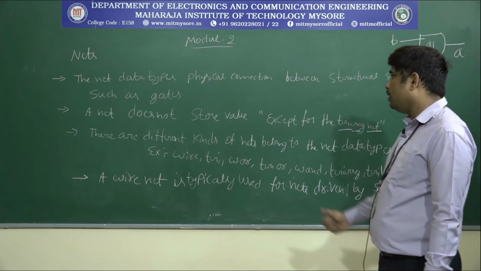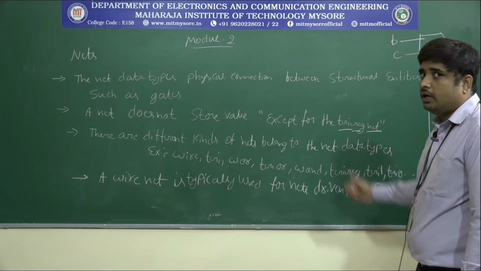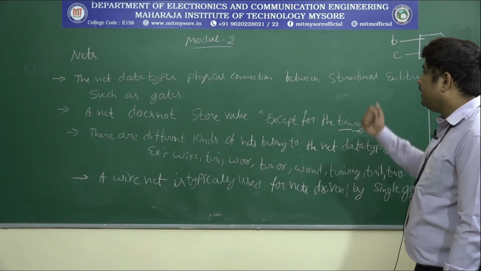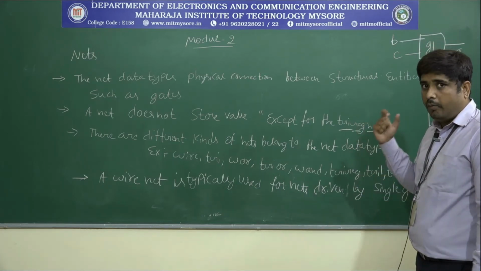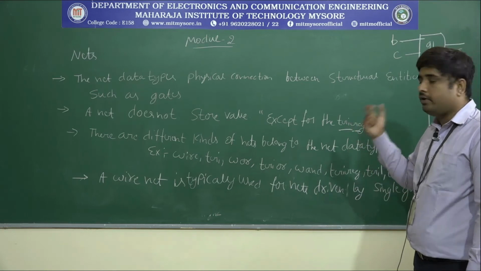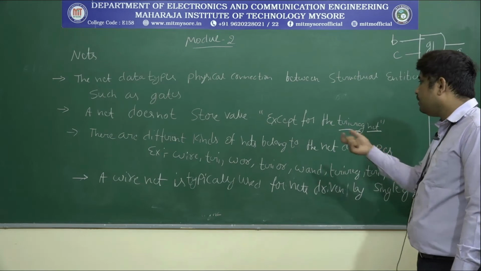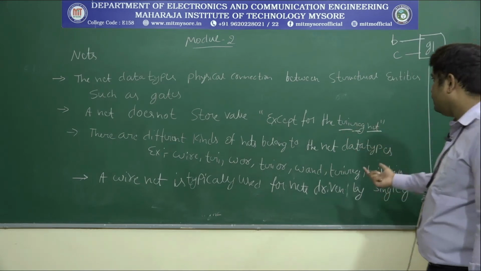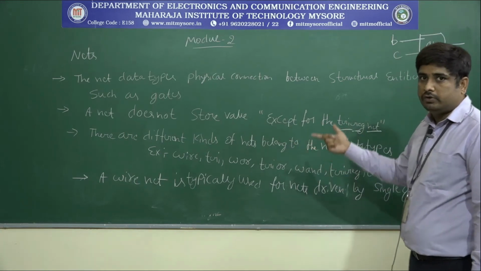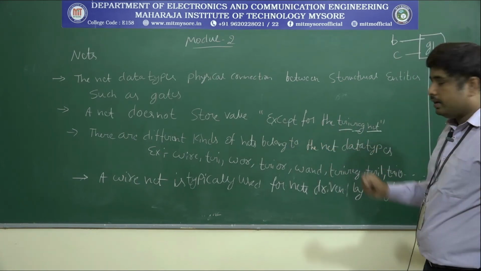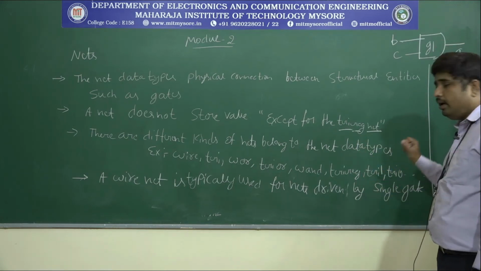Next, move on to the different kinds of nets. There are many net data types available here. For example, wire. Obviously, since we are in Verilog HDL, we use wire. There are other nets here. Tri is one net, which we already discussed in the previous point. With tri we can store the value, then wor, then trior, then wand, then triand, then trireg, then supply1 and supply0.